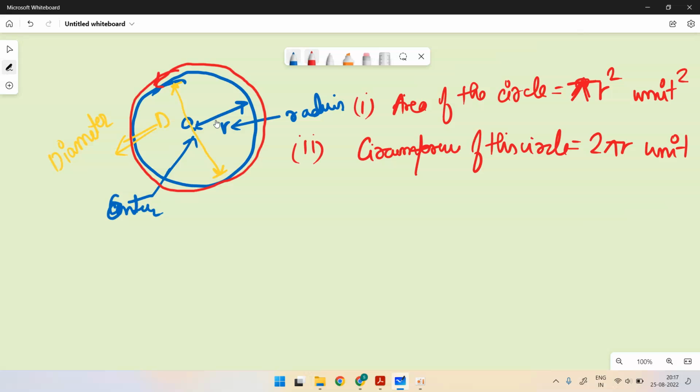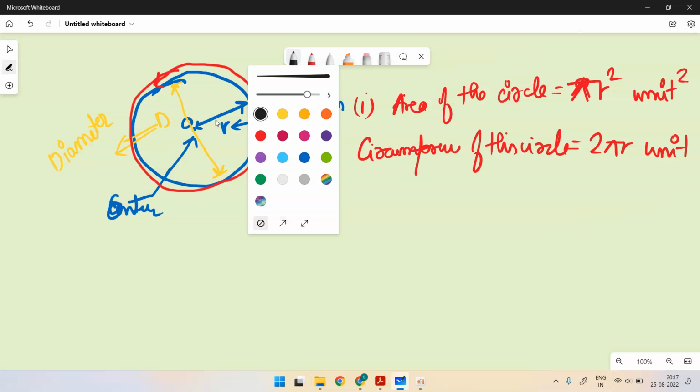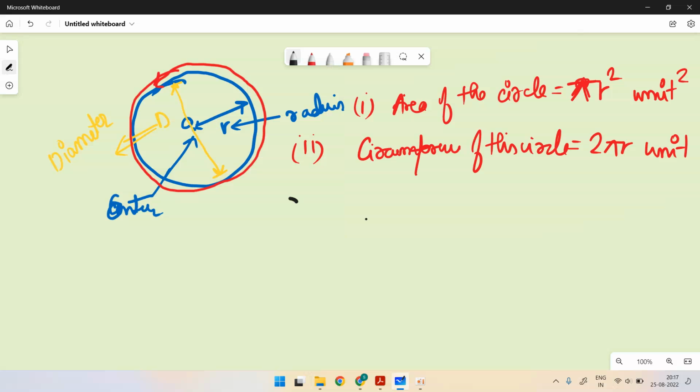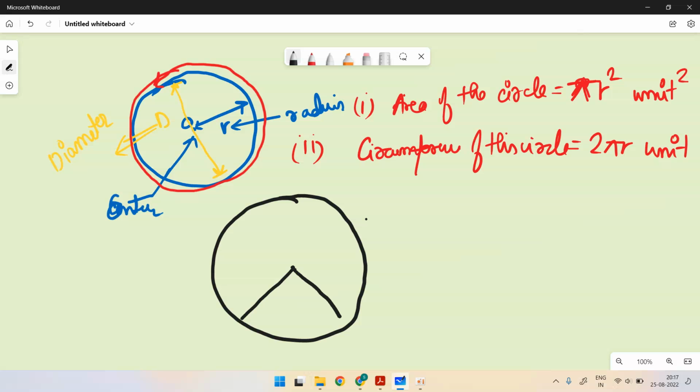Now some terms you need to understand. This is a circle, this is a circle. This region is called a sector.